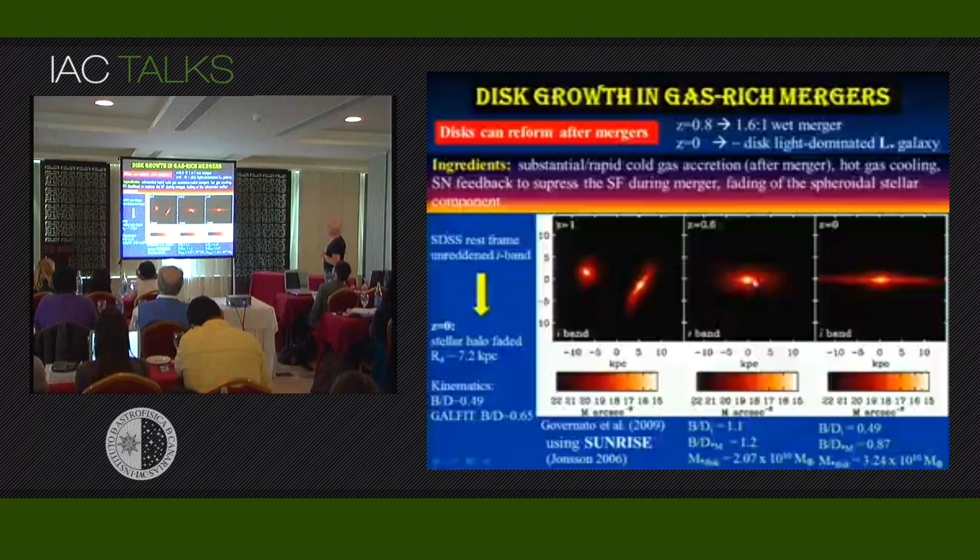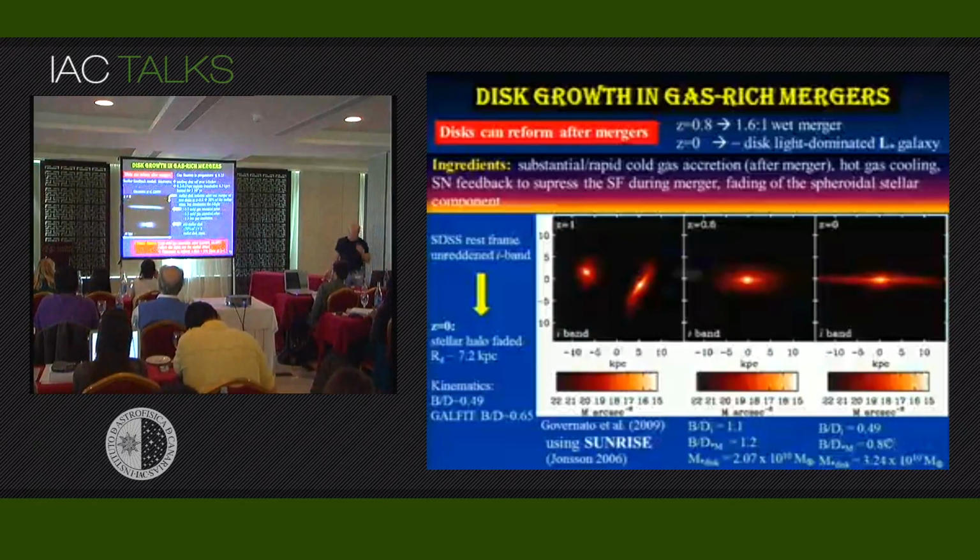So disks can reform after mergers, and here is an interesting simulation from Governato, 2 years old, which had a merger at around redshift 0.8, and the merger was completed by redshift 0.6. Then the disk was quiescently growing with quite a lot of cold gas accretion.